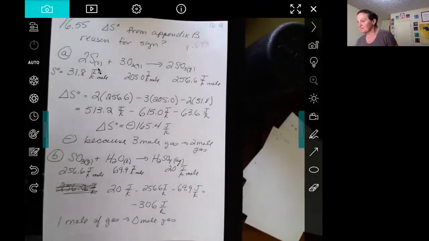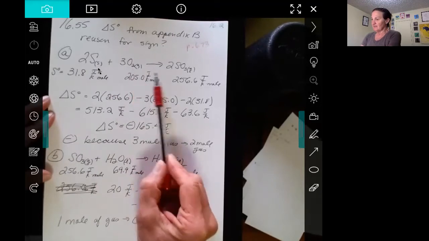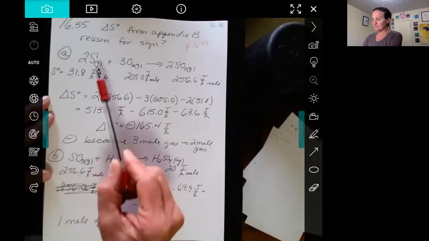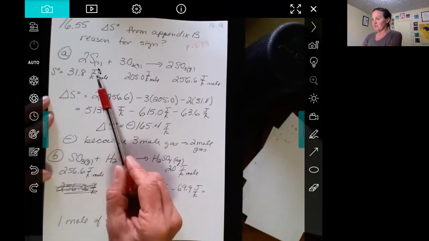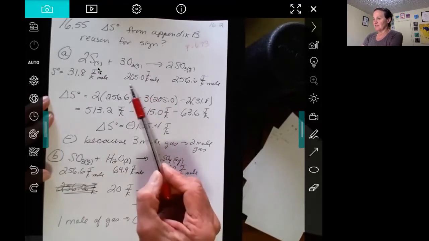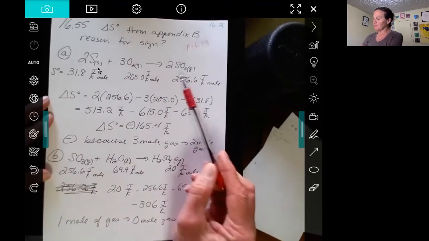So in A, we have solid sulfur and oxygen gas going to sulfur trioxide. I looked up for solid sulfur, 31.8 joules per K mole. Oxygen diatomic gas, 205.1 joules per K mole. So these are all in your table.